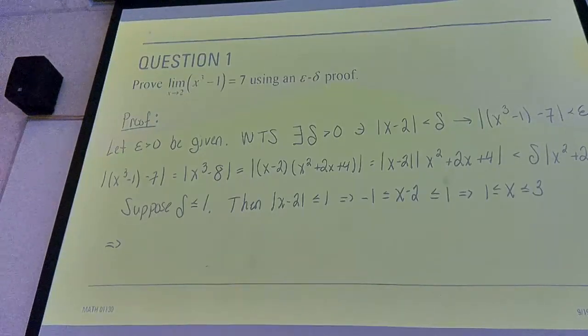Evaluate x squared plus 2x plus 4 at 1, which gives 7, so 7 serves as a lower bound.